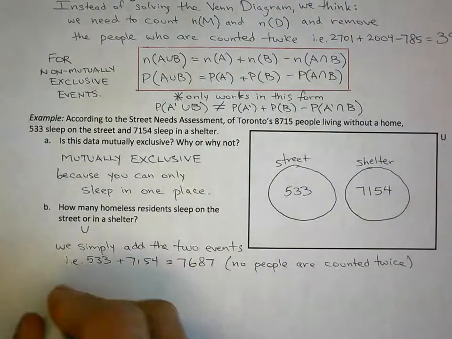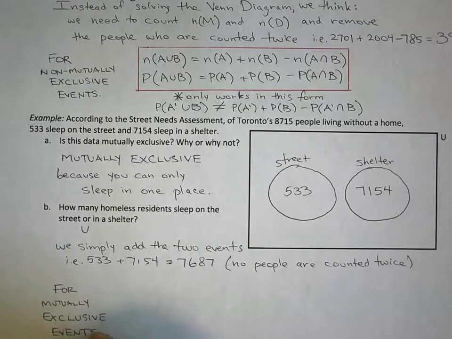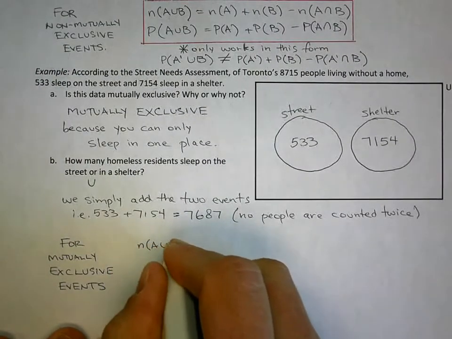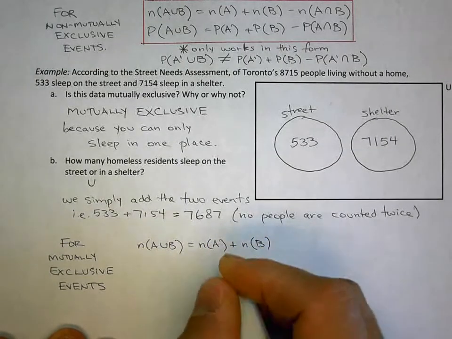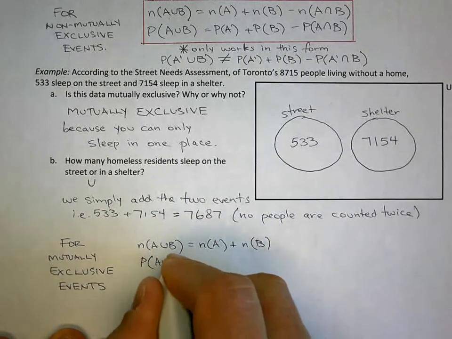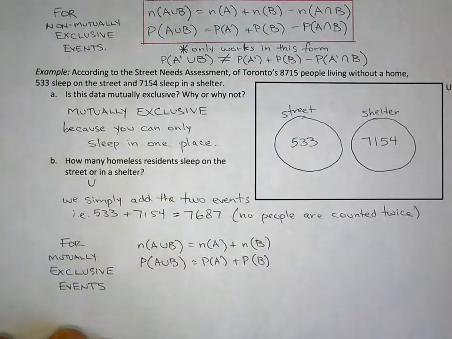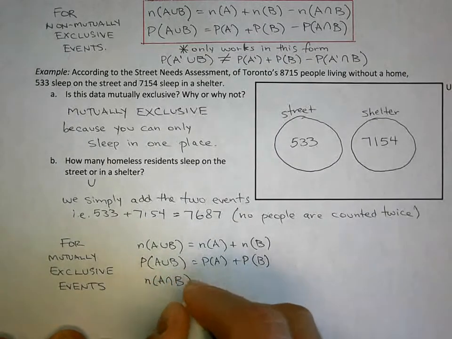So we conclude then for mutually exclusive events, the number of elements in A union B is just the number of elements in A plus the number of elements in B. Or the probability of A union B is the probability of A plus the probability of B. That is, there are no elements in the intersection.